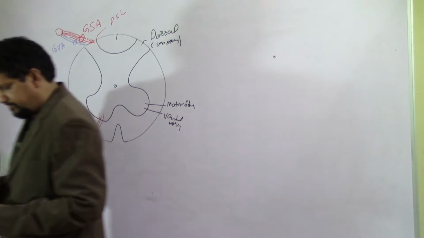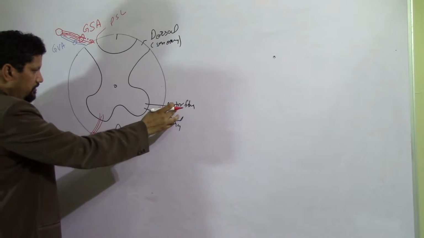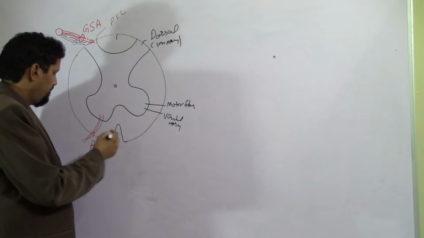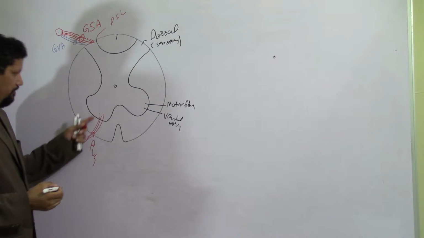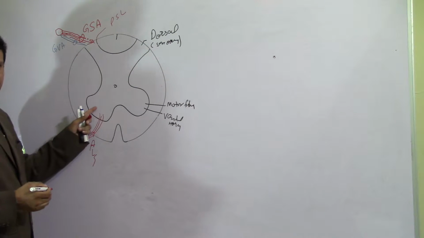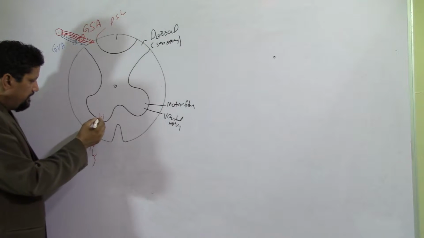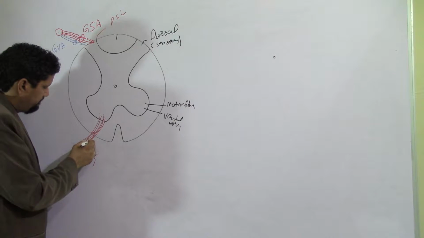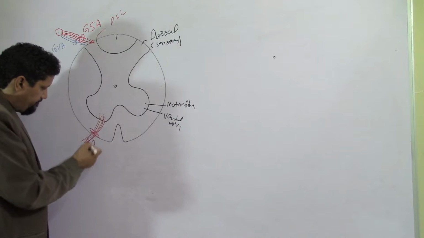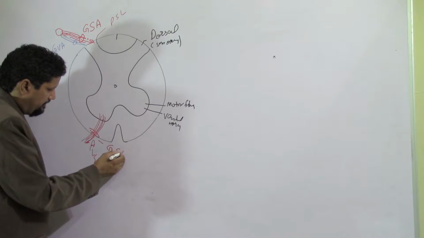So the motor fibers leave the motor horn of the gray matter through the anterolateral sulcus, and the fibers leaving from the lateral part are known as general somatic efferent.